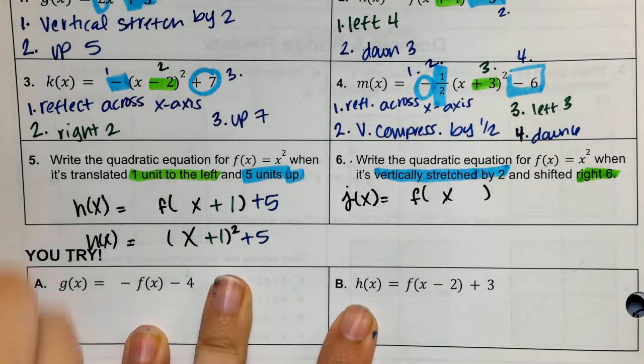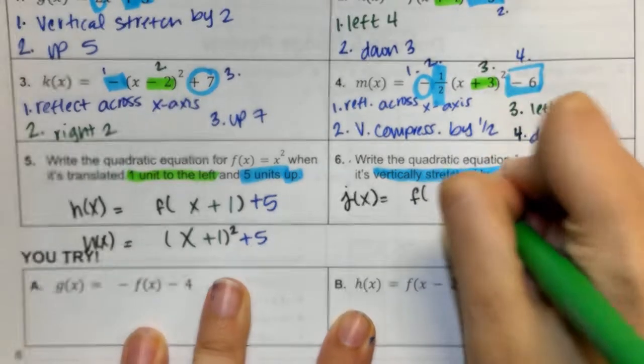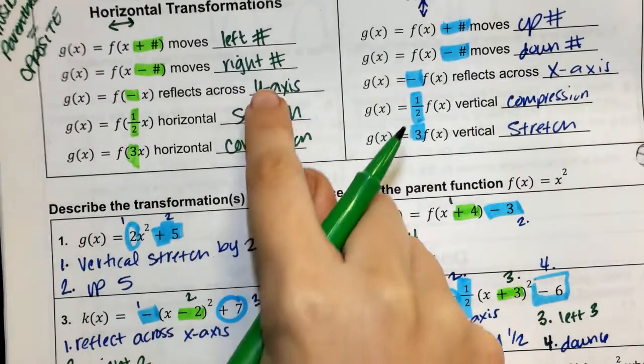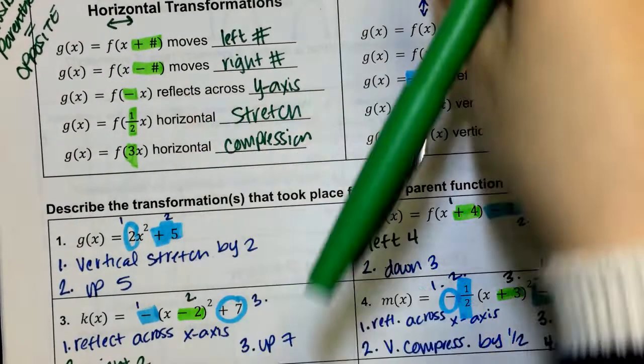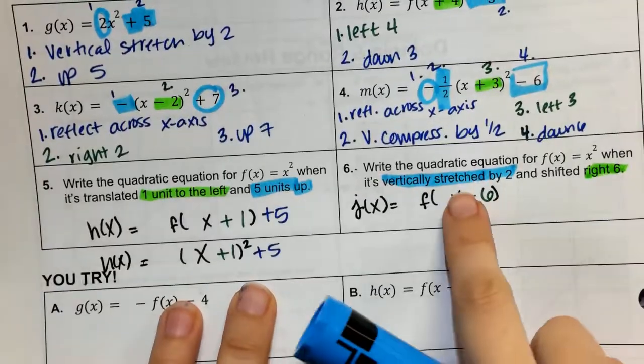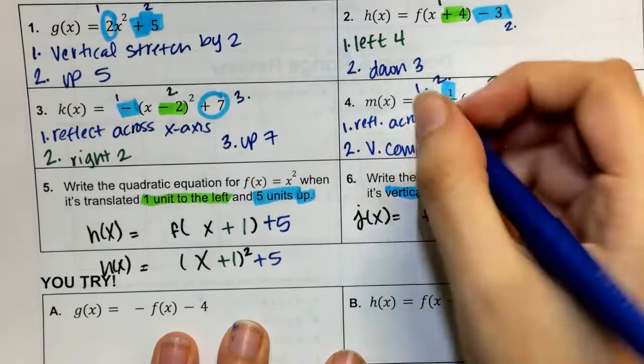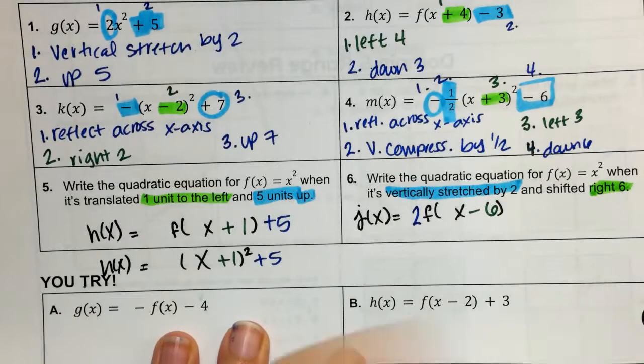Now, right 6, left or right means horizontal, which means I'm inside. But be careful, right means you're minus. So minus 6. And a vertical stretch means it's a whole number, and it goes in front. So a whole number 2 in front.